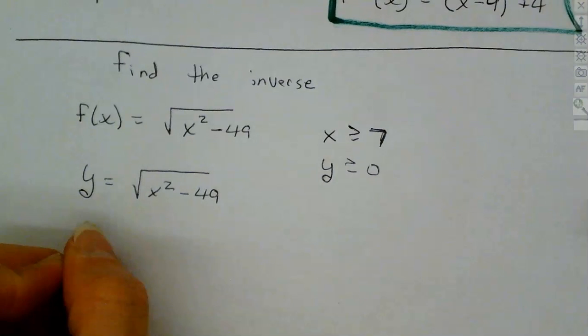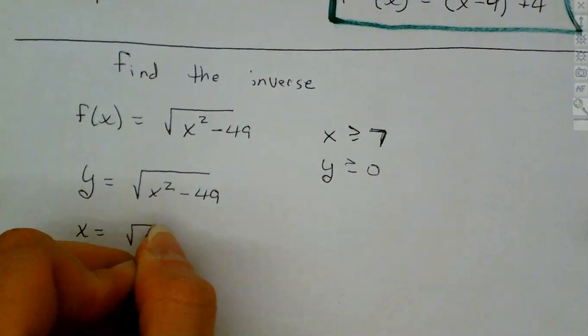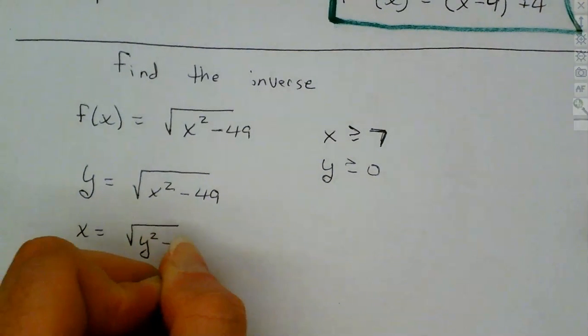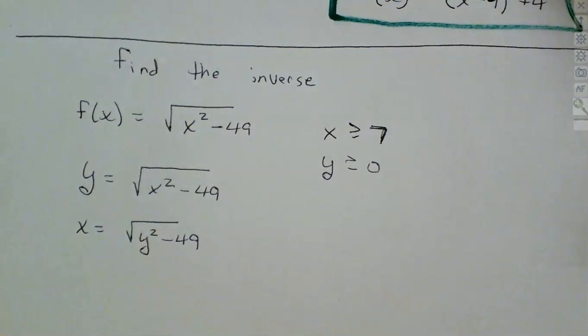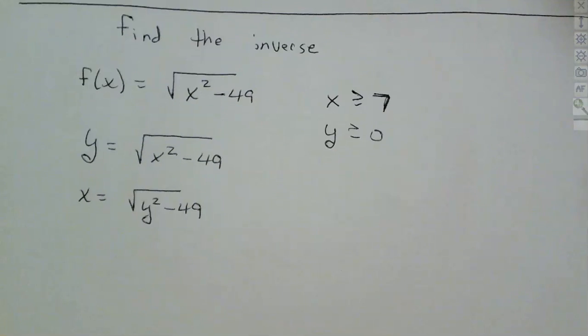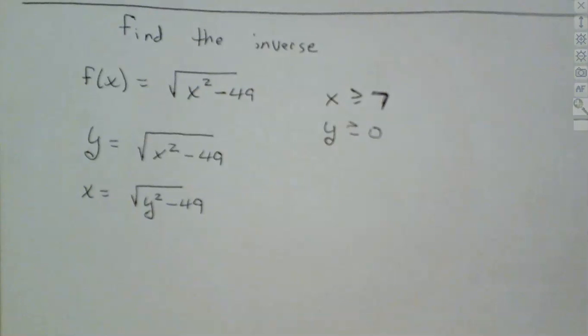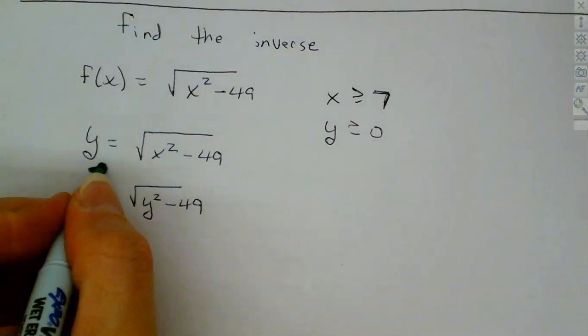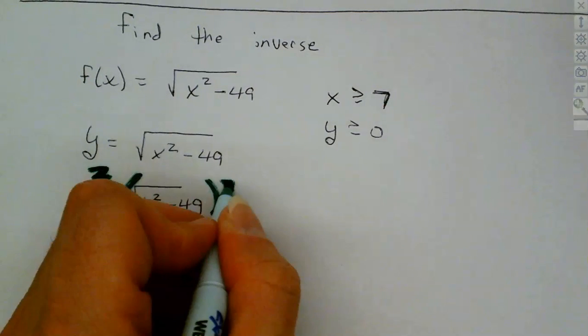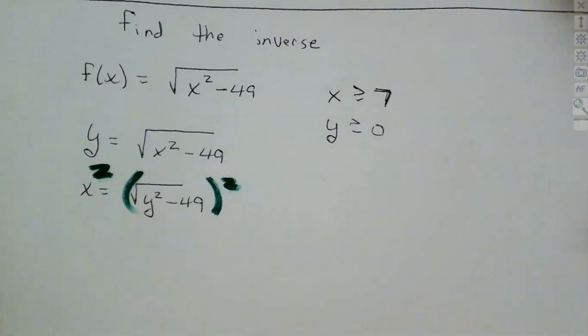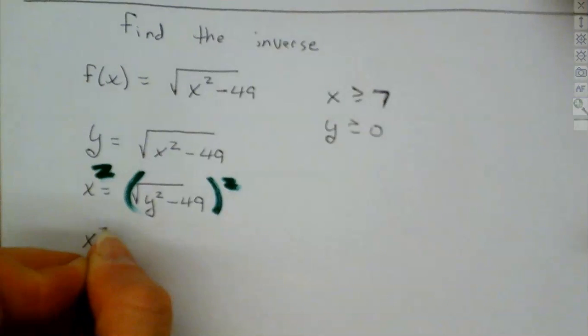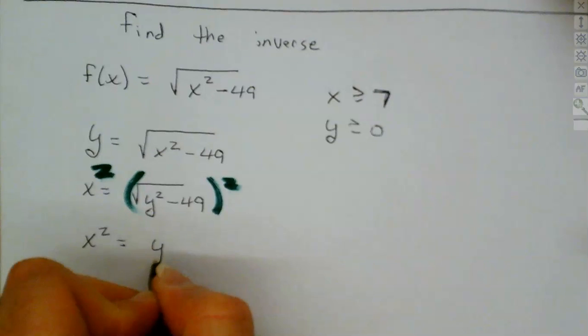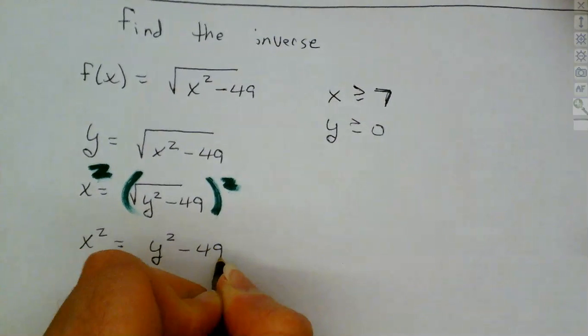So we're going to interchange or swap out your x and your y. Okay. And how do we get rid of a square root? We square. So we square both sides to get rid of the square root. And that gives you x squared equals y squared minus 49.